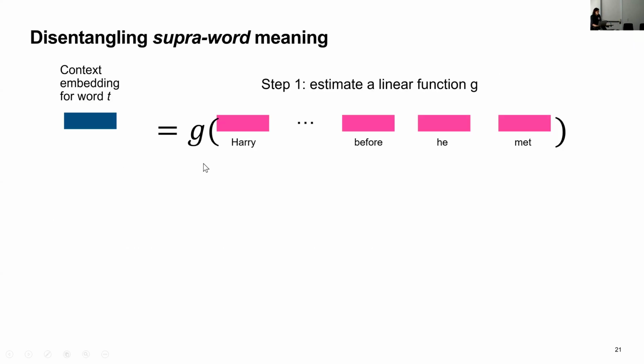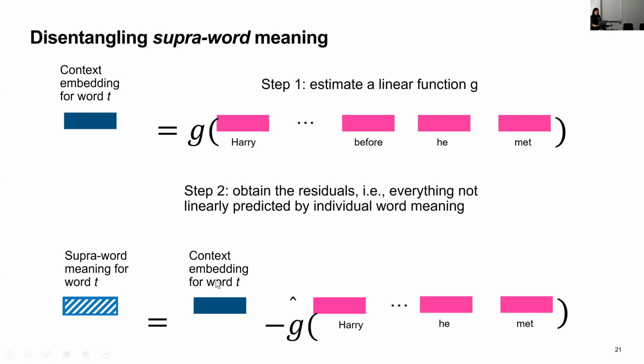And one way to do that, and I'm sorry here, the conversion kind of changed the equation a little bit, but what we need to do is first estimate a linear function, this function g, which tries to predict the context vector linearly only from all of the words that went into constructing this context vector. And then we basically take the residuals of this prediction.